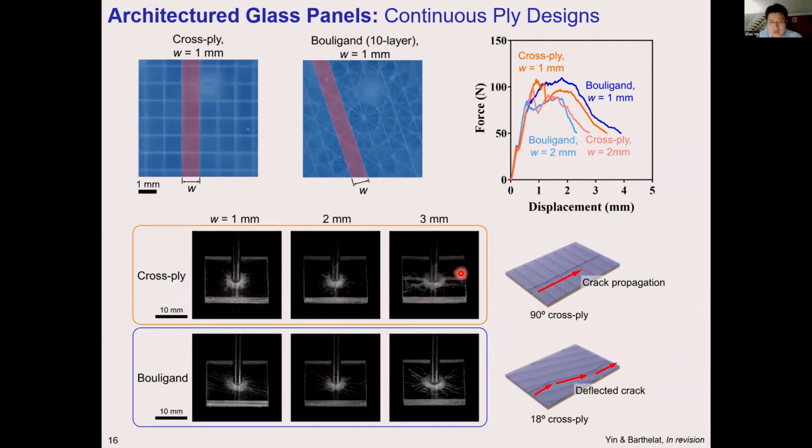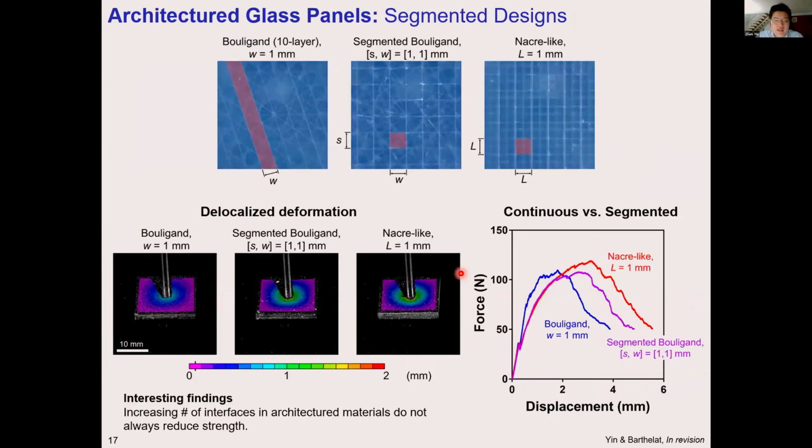We know that the brittle glass ply fracture is caused by the flexural stresses in those glass plies. So a very straightforward way to think is to reduce the flexural stress, and that's done by segmentation: we cut those continuous plies into segmented building blocks.